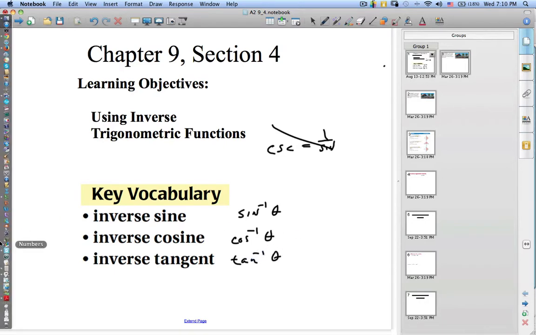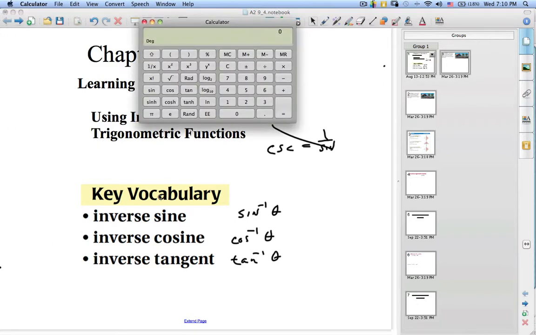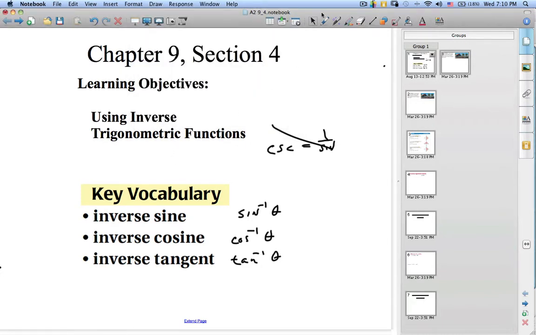Okay, and what that looks like, let me put out my calculator, is it looks like this, inverse sine. Now, when we're talking about inverse trig functions, the purpose of an inverse trig function is to do the opposite thing than we did with the original trig function. So when I have an angle and I use the sine key, it tells me the sine of the angle.